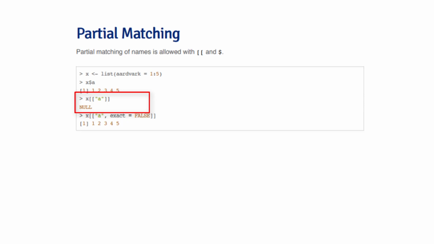So now when I pass X double bracket A, I get NULL back because there's no element of the list that has the name A. But there's a second argument that you can pass to the double bracket operator, which is the exact argument. And if you specify that exact equals FALSE, and then pass X double bracket A, it gives me the sequence 1 through 5 because that's the one that matches the letter A the closest.